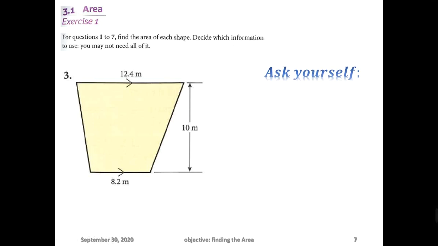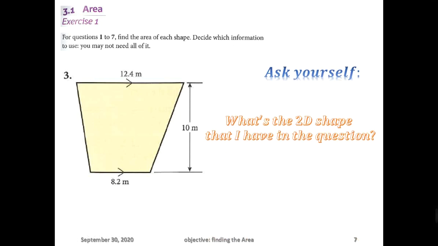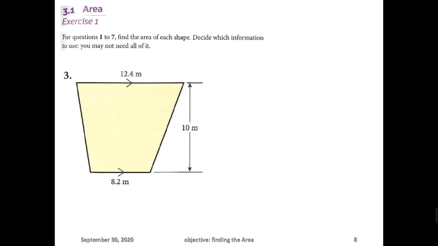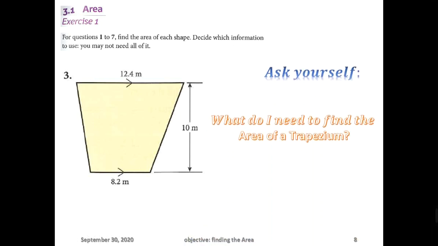So the steps that you should go through in your mind: what is the two-dimensional shape that we have in this question? It is a trapezium. How do we know that it is a trapezium? What do I need to find the area of a trapezium?